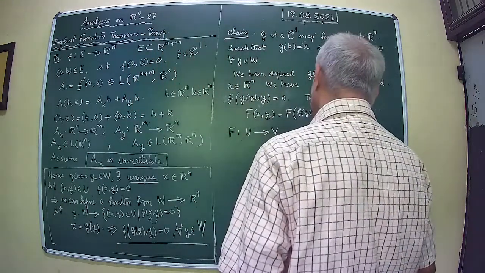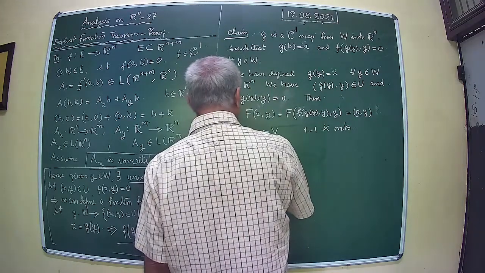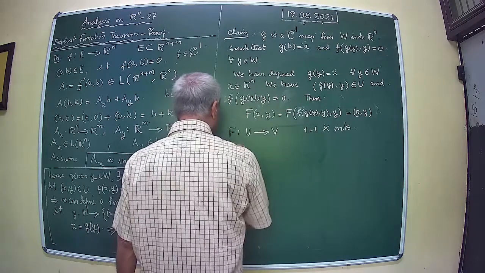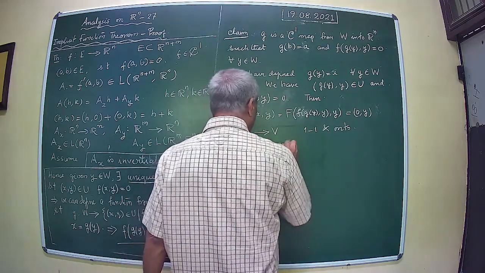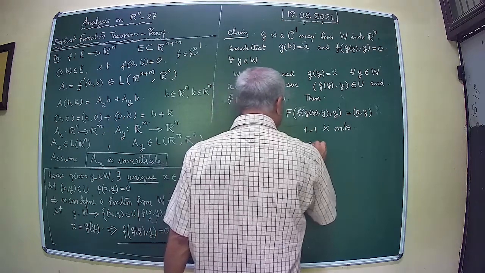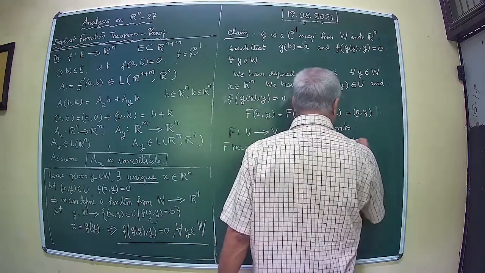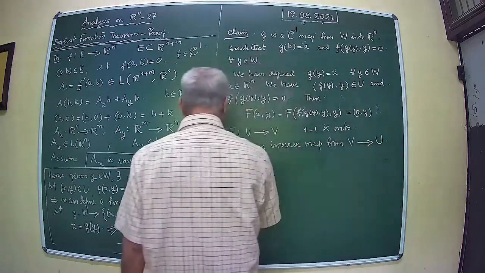Since F is a 1 to 1 map from U to V, therefore F has an inverse. Let us define this.